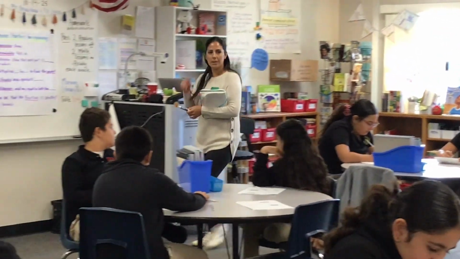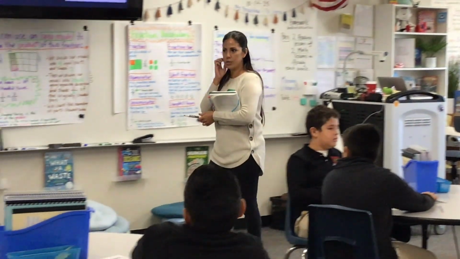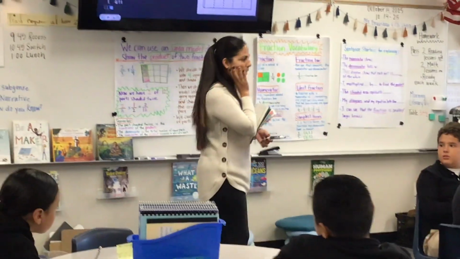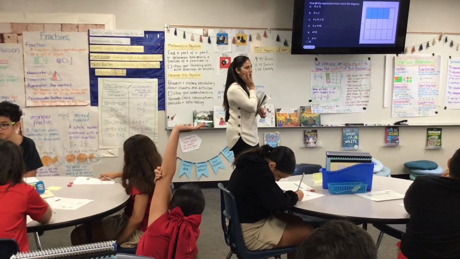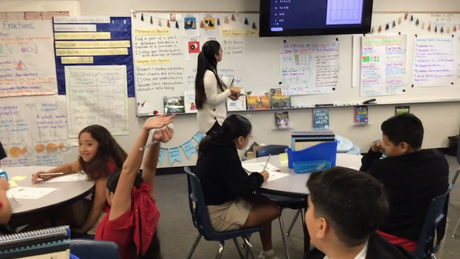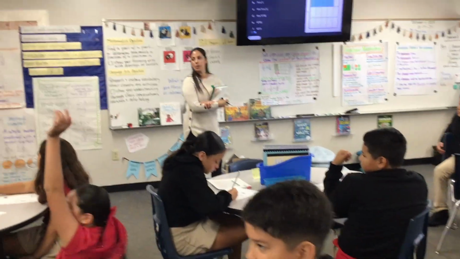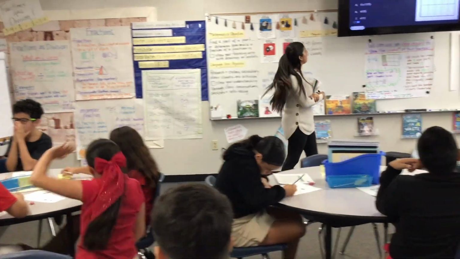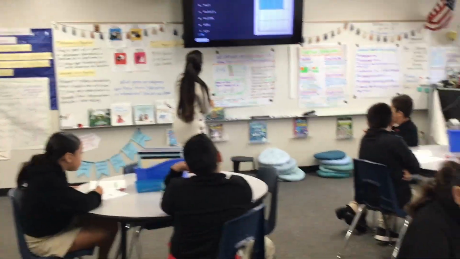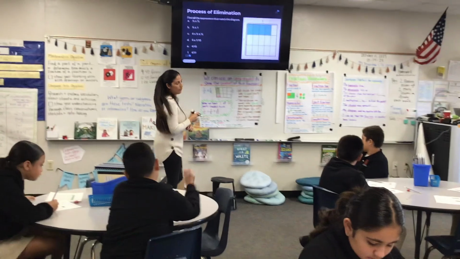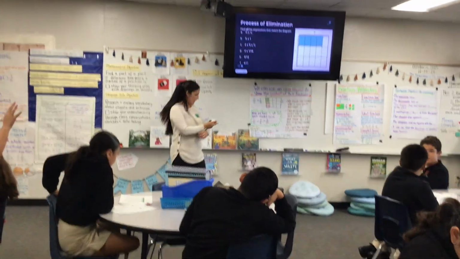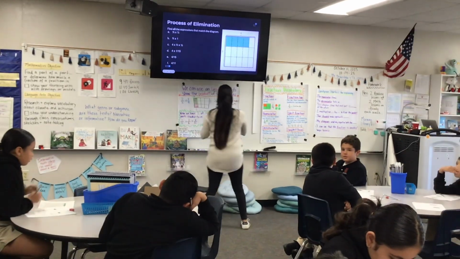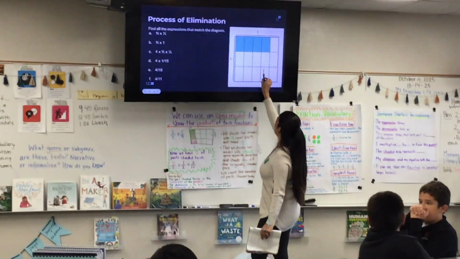Okay, from process of elimination, can someone share what could be one of the possible answers for this diagram? I need your attention up here to A, which is 4/5 times 1/3. Do we all agree? Yes. Do we see that? Yes. 1, 2, 3, 4, 5.